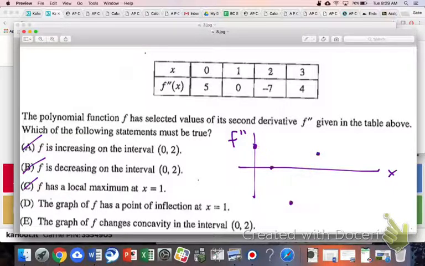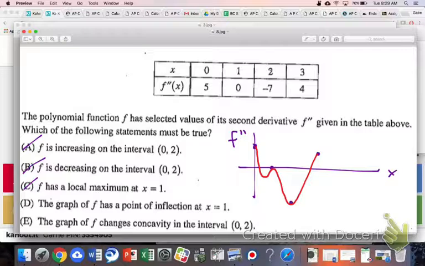So maybe a counterexample could be a graph that looks like this and crosses somewhere else. That disproves D. You probably could also do something like that. Maybe. I don't think that violates the table.